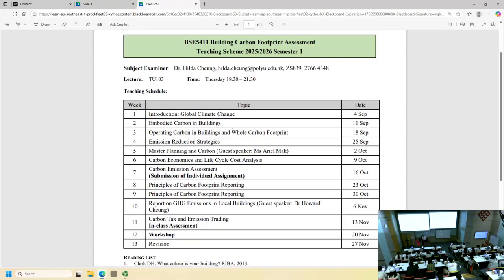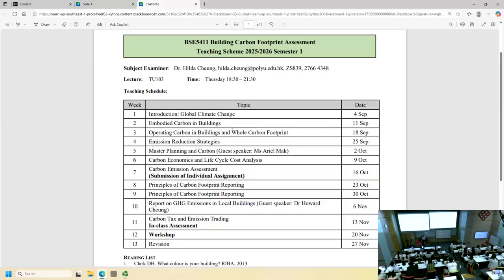The subject is about carbon footprint assessment, so we will learn different guidelines regarding the assessment of carbon footprint. In week 7, you will need to submit an individual assignment. Around week 3, I will tell you more about the individual assignment.